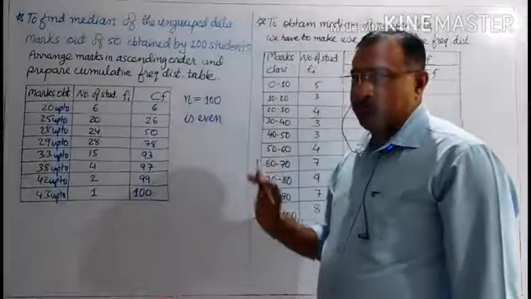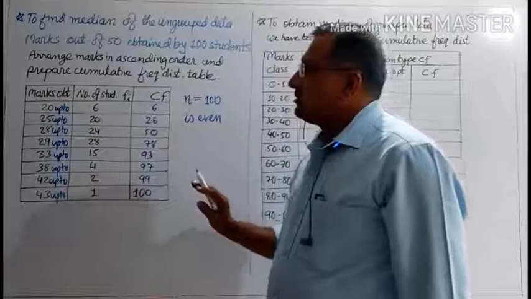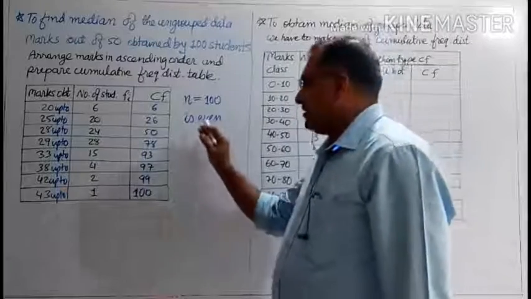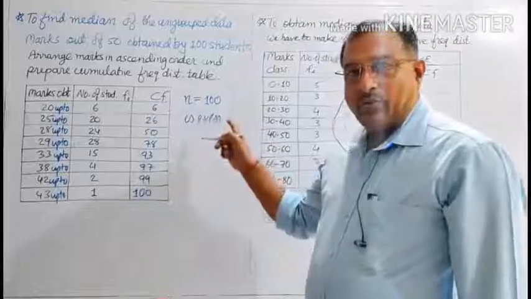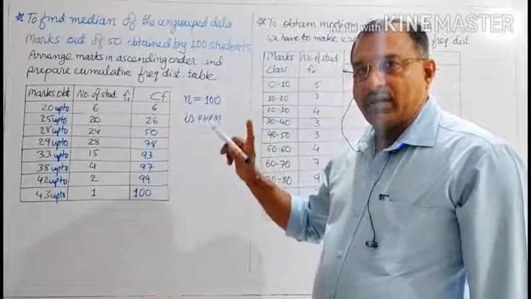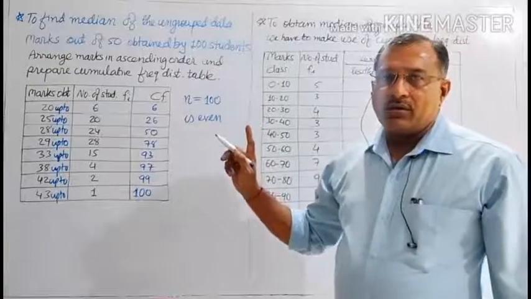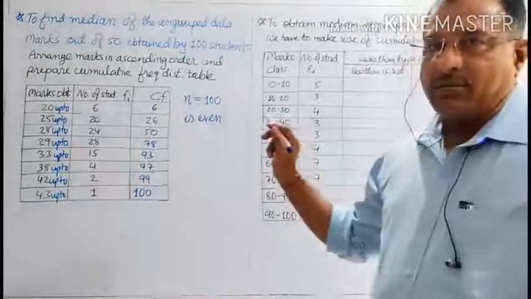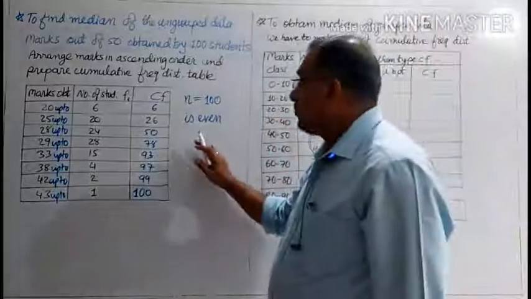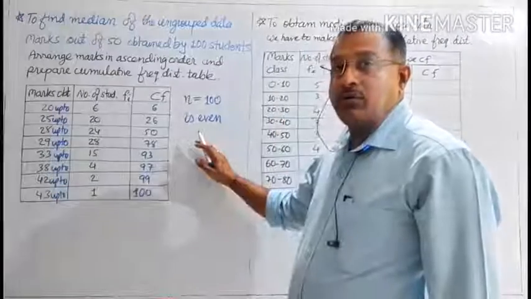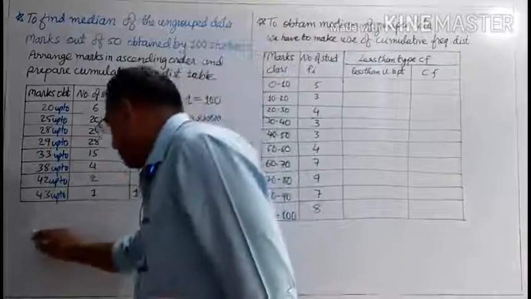If it is odd, we know how to find median for such discrete ungrouped data, that is n is equal to odd number, then we can add 1, n plus 1 divided by 2. So you will get the middlemost observation. Right? But here now we want to find out for n is even.